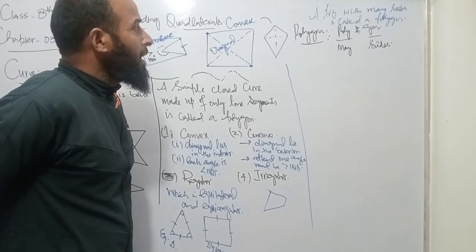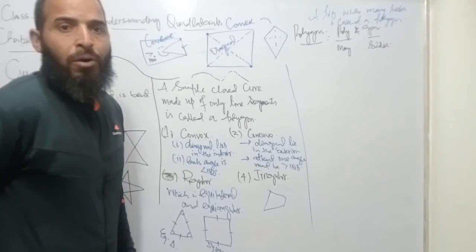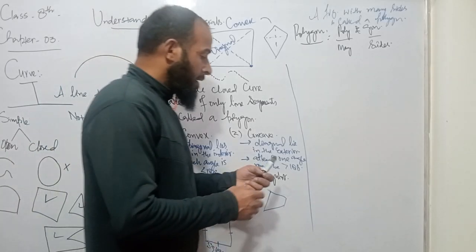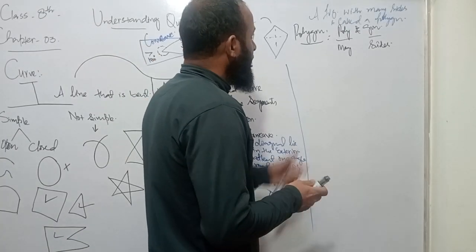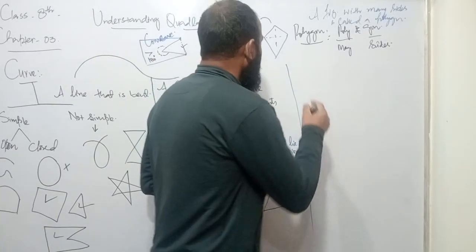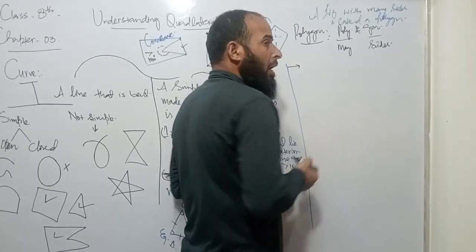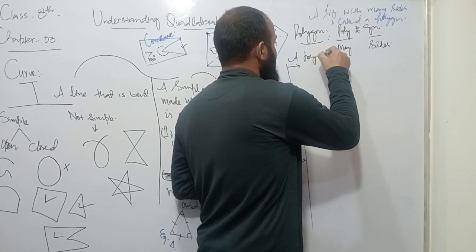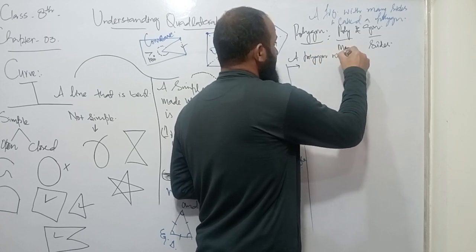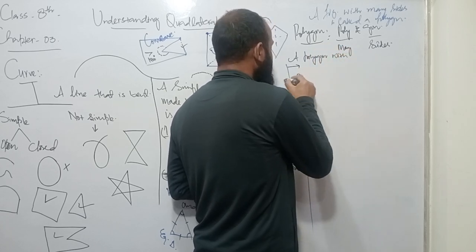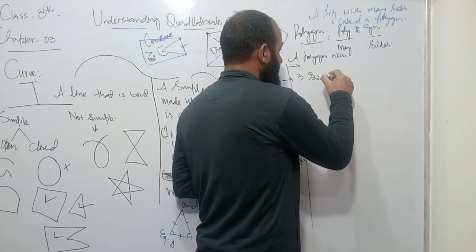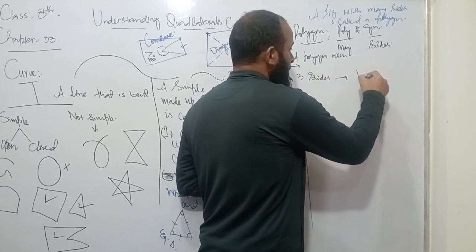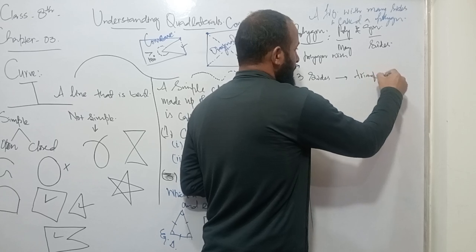Now depending upon the number of sides, a polygon has been divided into many types. A polygon with three sides is called a triangle.